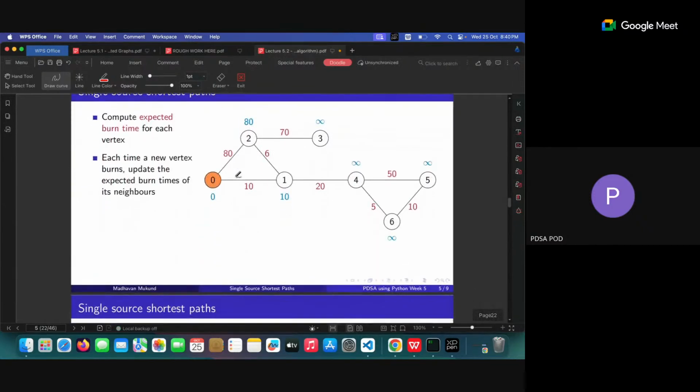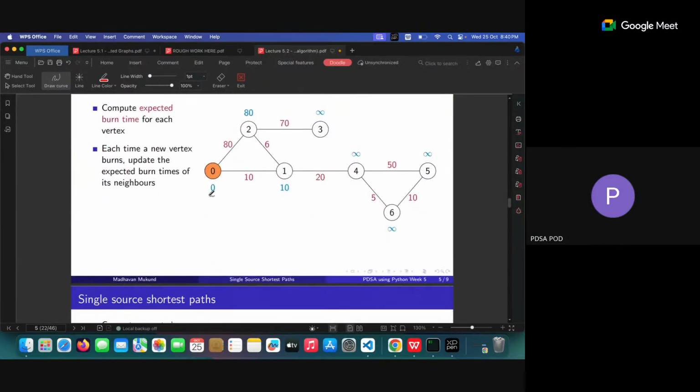So whenever expected time, see, look at after this one, from 0, you have two expected times. Expected time for 2 is 80, expected time for 1 is 10. So these two are reset. Two infinities are gone. Here earlier it was infinite. Here infinite is still there.